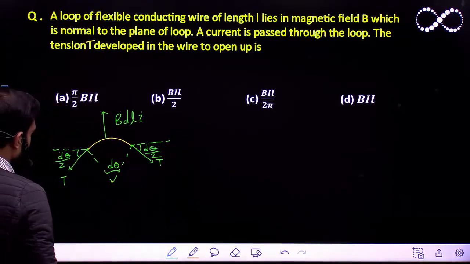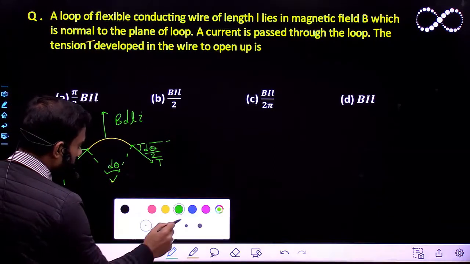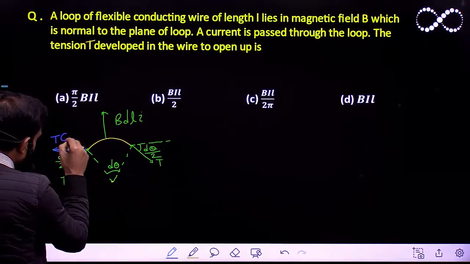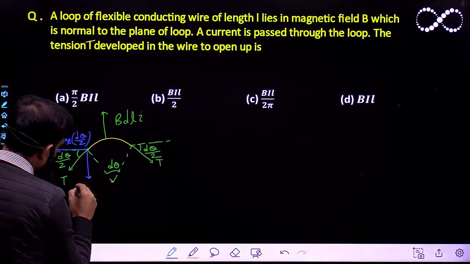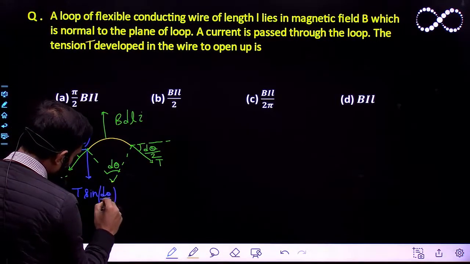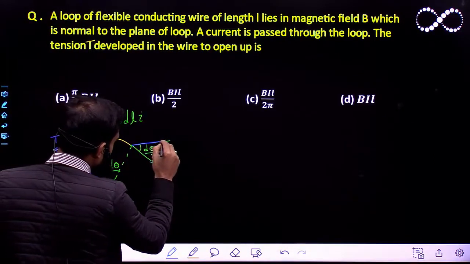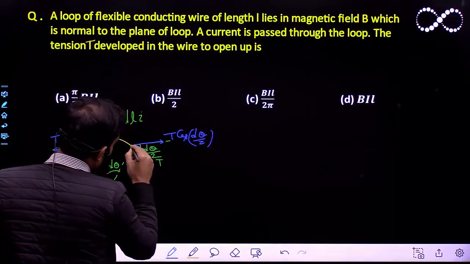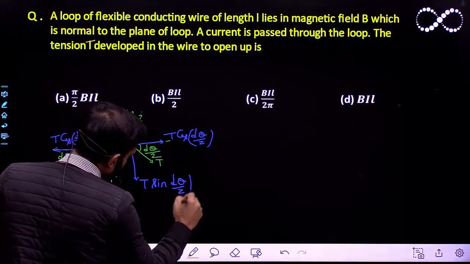Now this tension will have two components, first in the horizontal direction and second in the vertical direction. So let us take the components here. This component will become T cos d theta by 2, and this component will become T sin d theta by 2.